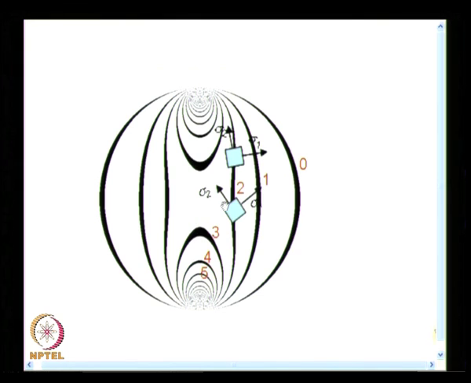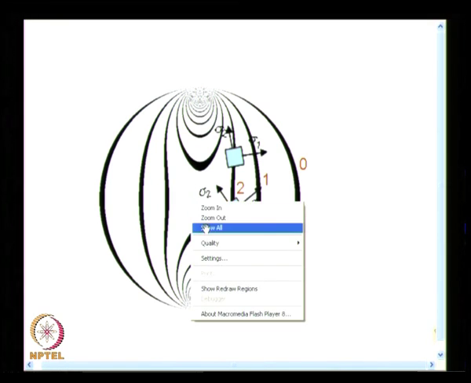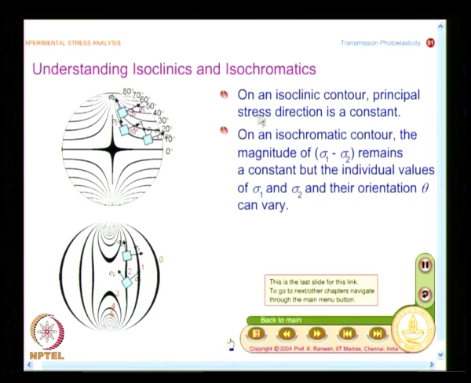And this you can actually put on one of your earlier contours; you do not have to redraw it. On an isoclinic contour, the principal stress direction is a constant.